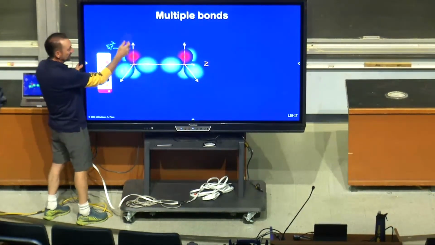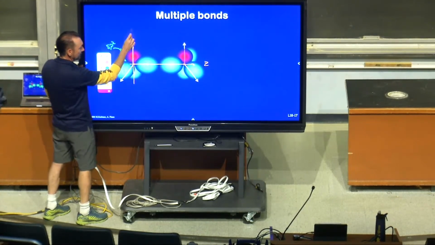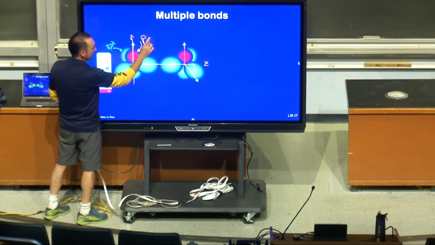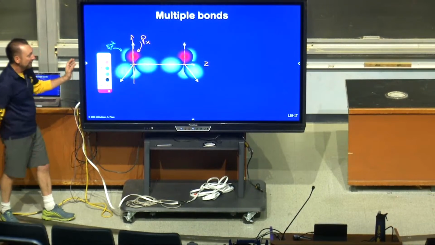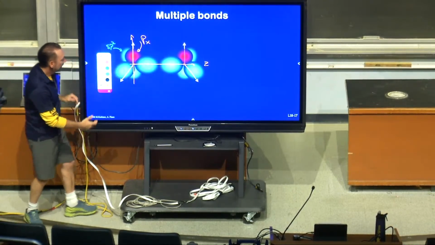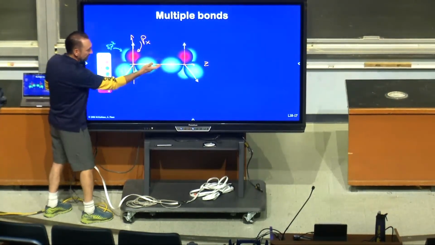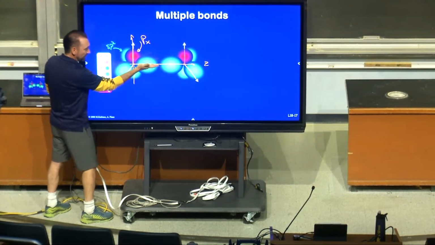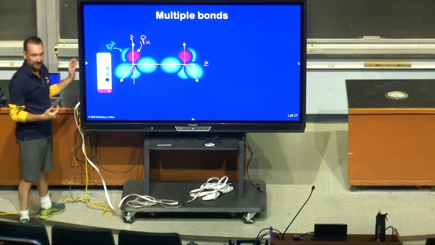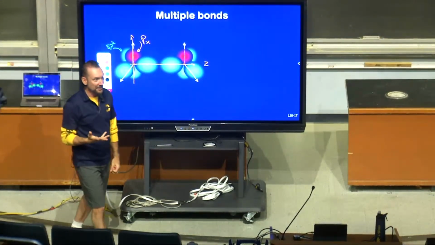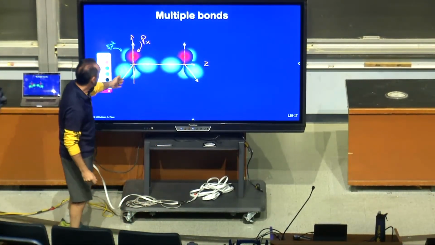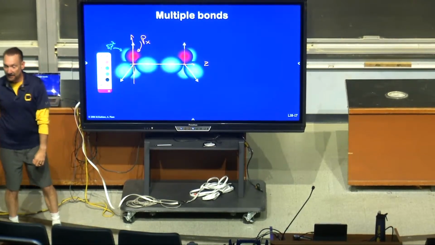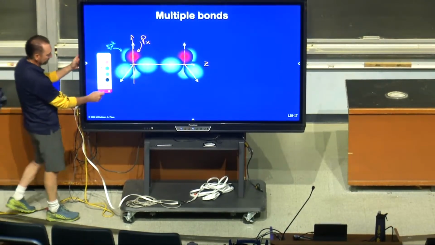So this here would be the px that's left over, the py and the pz, and you can see that. I had to use the py and the pz because they are the orbitals in the zy plane. Those are the orbitals that you need in that direction. And the px is left over, standing outside like that.